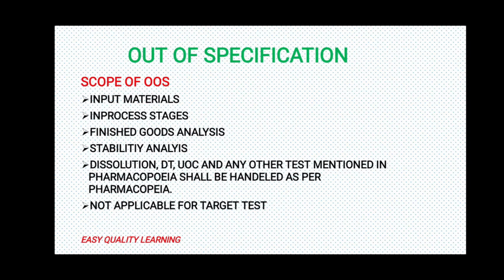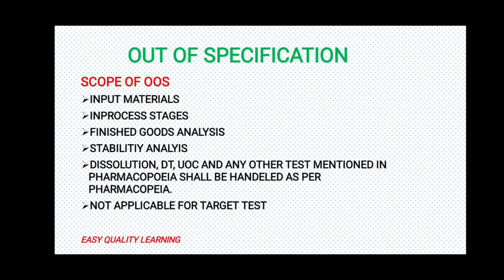If you have a failure at the S1, S2 and S3 stages also, then that result will be called out of specification and investigation will be triggered. Till that time, it will be handled as per the pharmacopoeia only, and it is not applicable for target tests.